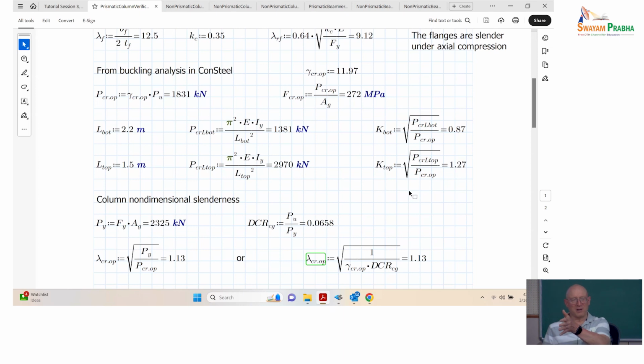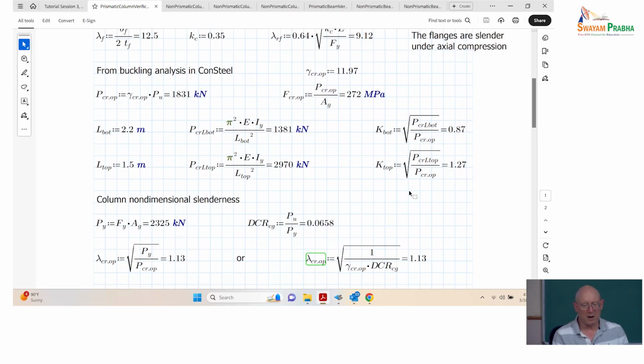The top segment is less apt to buckle than the bottom because it's not as long, right? The top segment is tending to restrain the bottom segment, but they both go together when it buckles. They're both buckling at the same load, the 1831 kilonewtons.